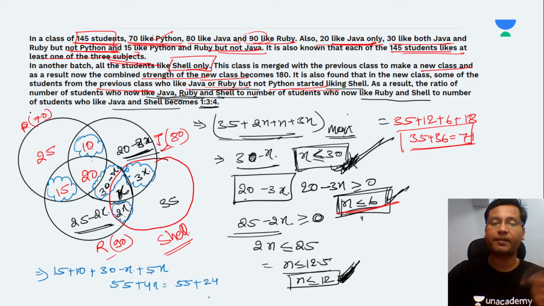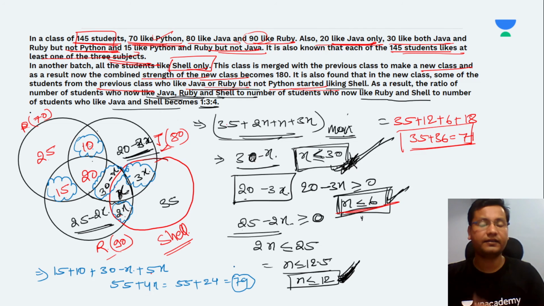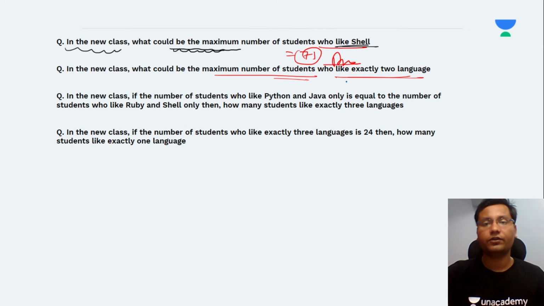We need the maximum value, so we need the maximum x. Putting x as 6, this becomes 24, so 55 plus 24 is 79. 79 is the correct answer for the second question.